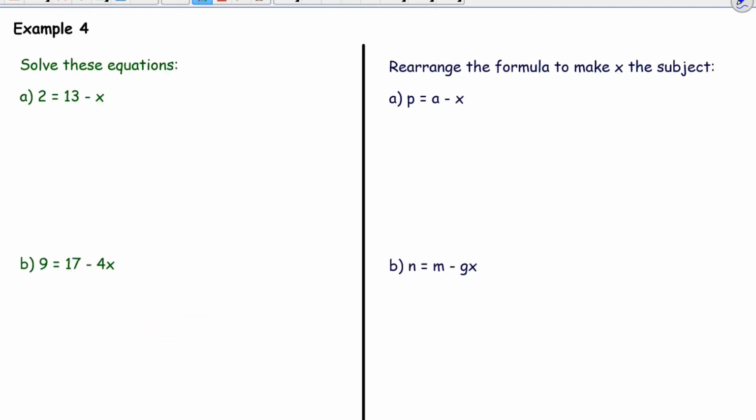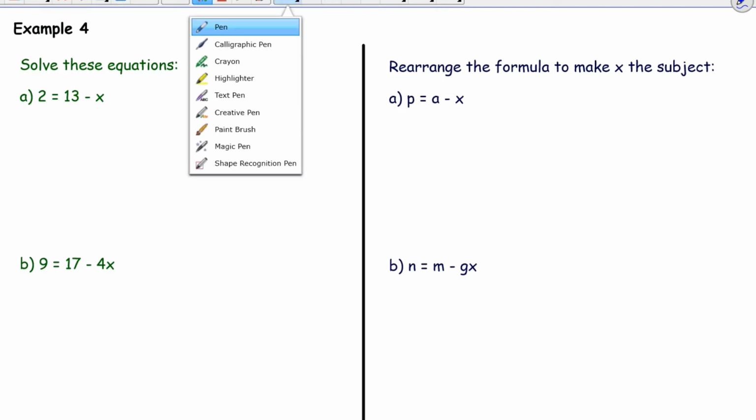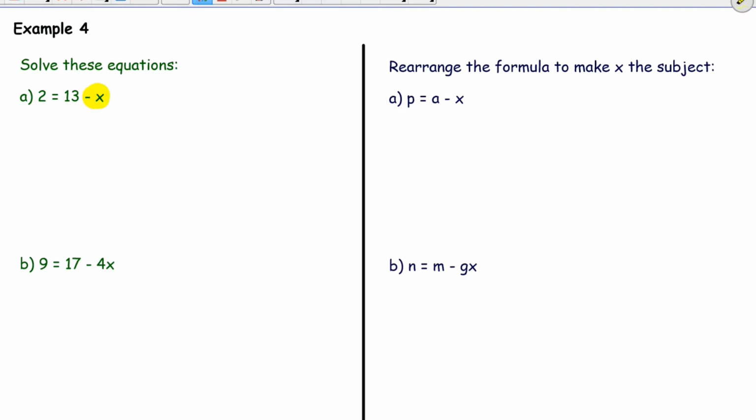Example 4. Solve these equations, and we have a negative x. Now, if you have a negative x, then the first step can be to try and make this negative x a positive.